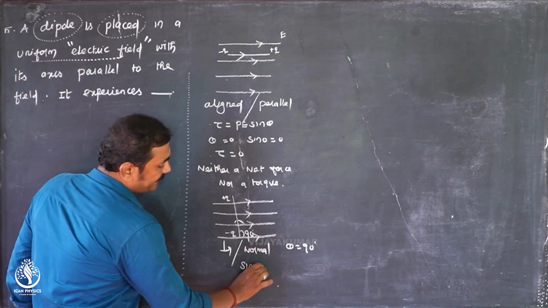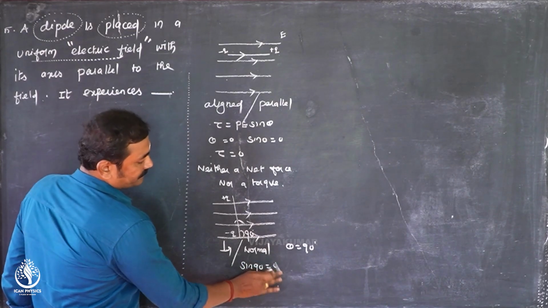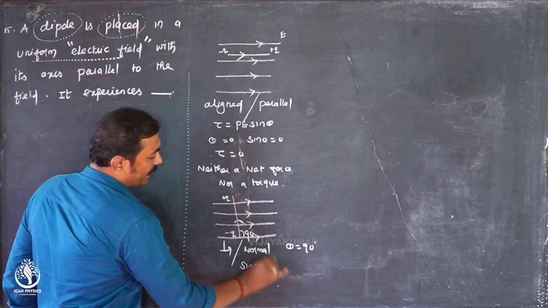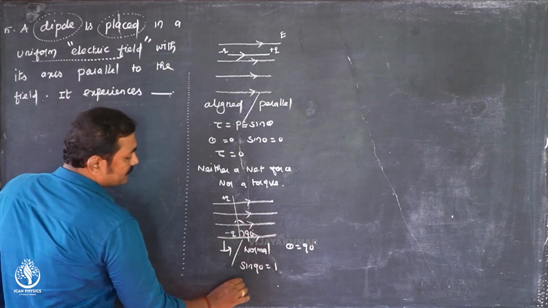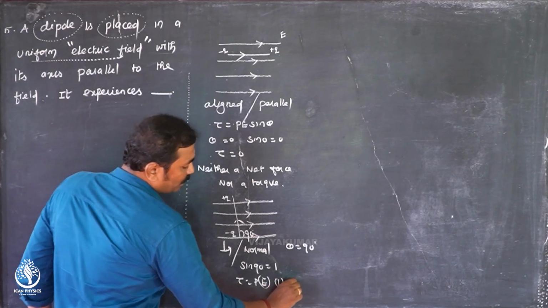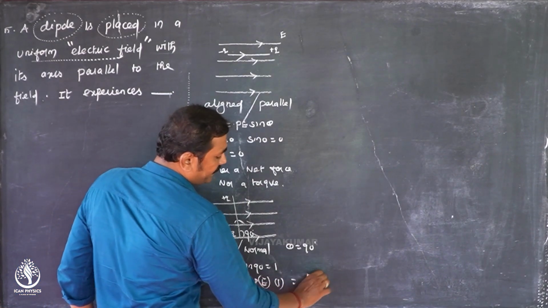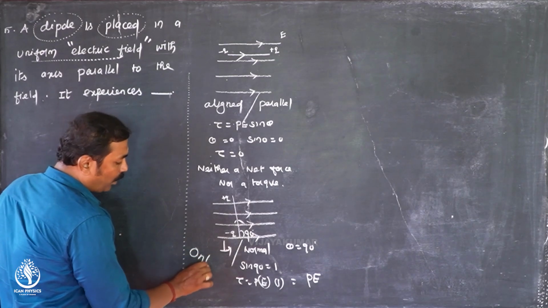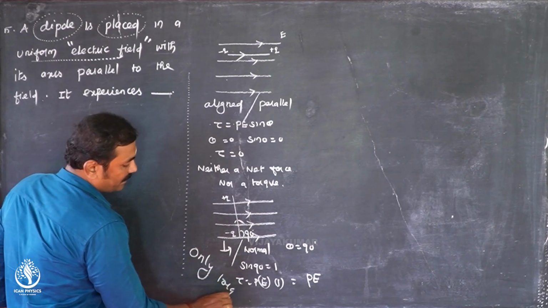Then sin 90 equals 1, and the torque tau equals PE into 1. So it experiences only torque.